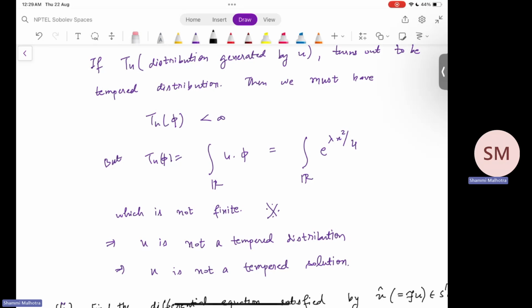And sometimes that ODE is very easy to solve, and when I'm able to solve it easily, I will get the Fourier transform of our original function.